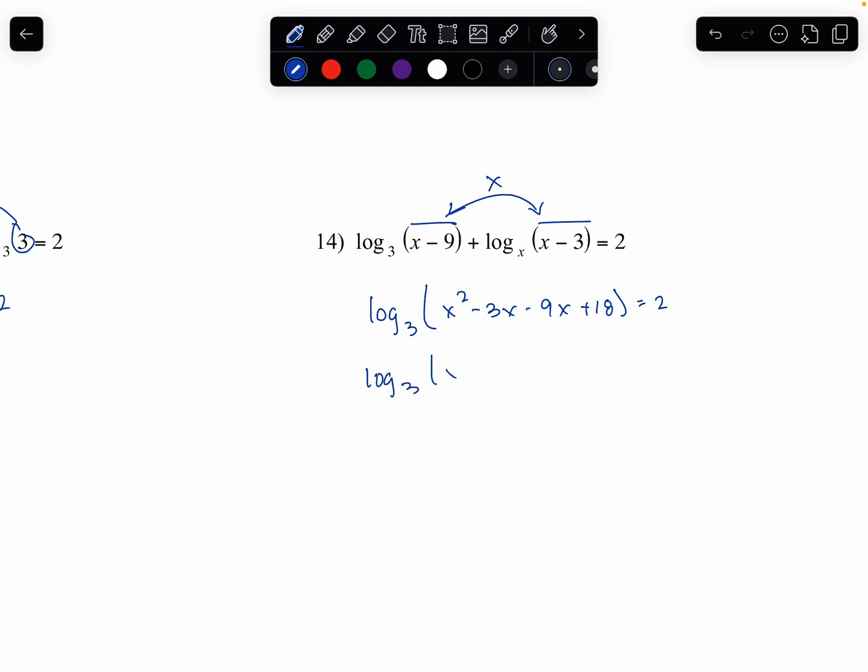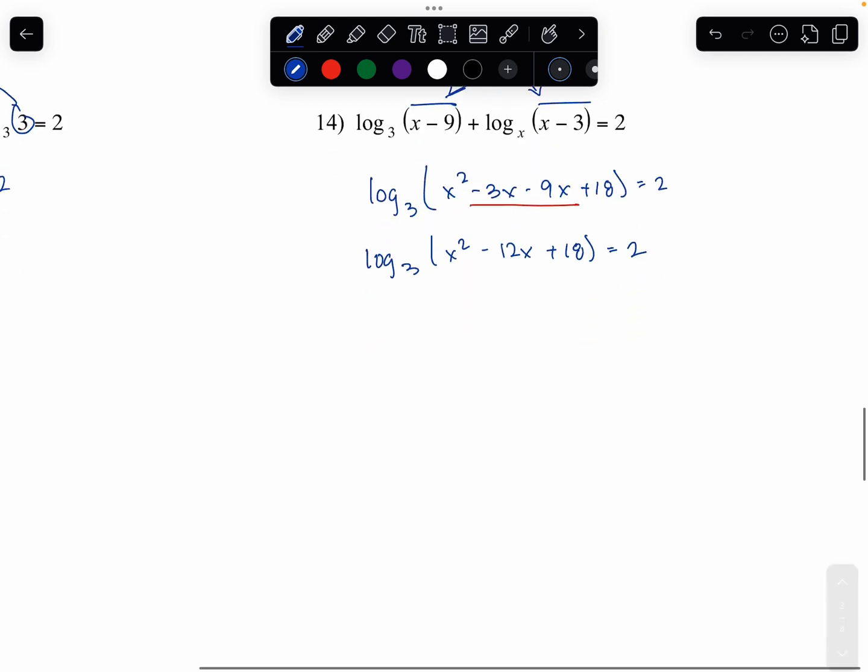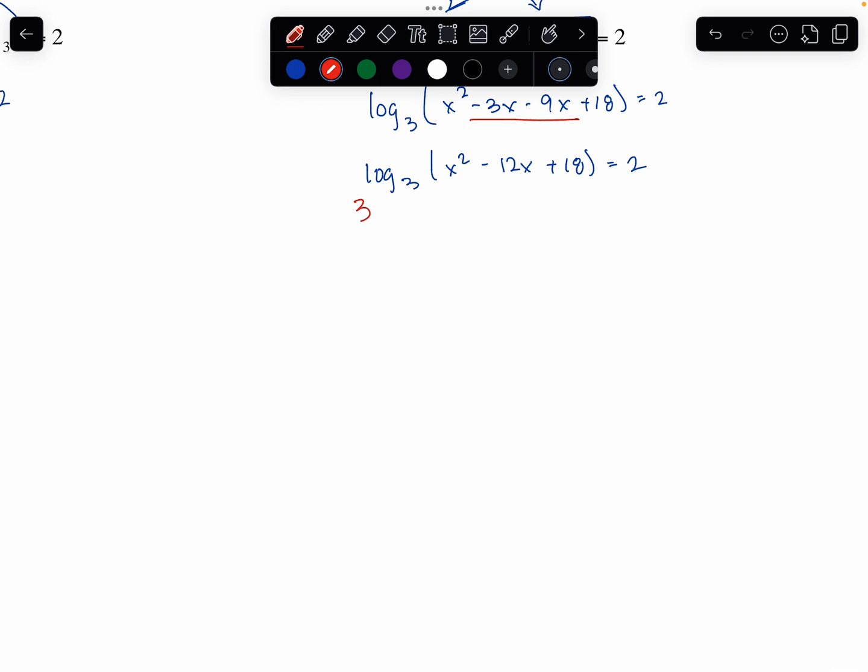These can be combined, so minus 12x plus 18 equal to 2. Exponentiate. So then I get x squared minus 12x plus 18 equal to 9. Subtract 9 from both sides, I get x squared minus 12x plus 9 equal to 0.